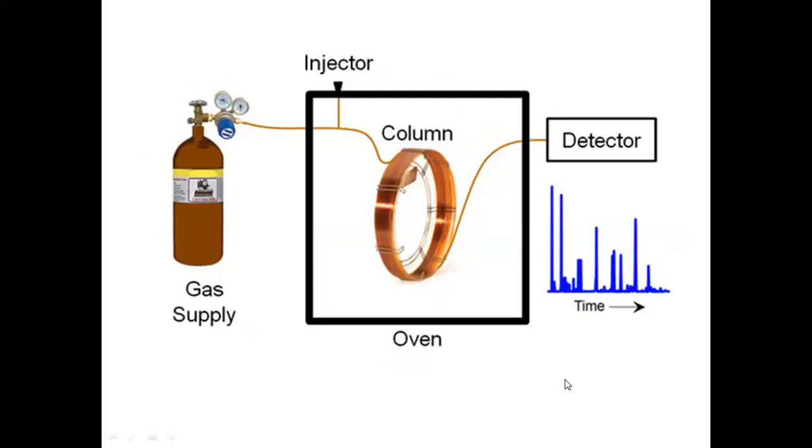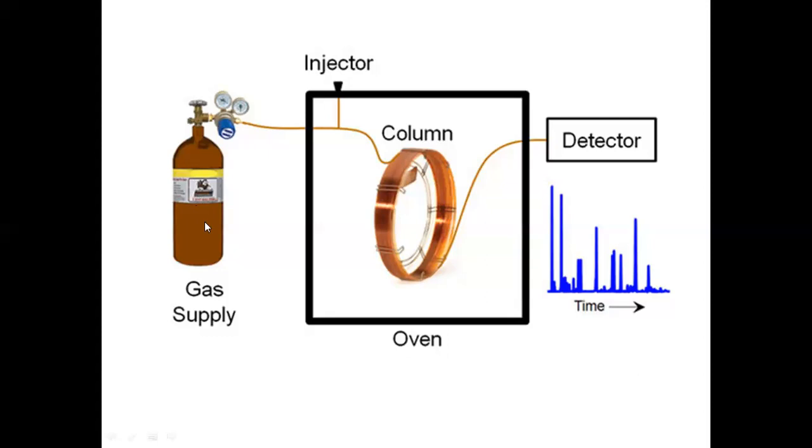So this type of column will be placed in the chromatographic instrument. As you saw yesterday, the injector and column are placed in the oven. Even detectors must be placed in the oven, because the solutes must be maintained at the temperature of their vaporization point.